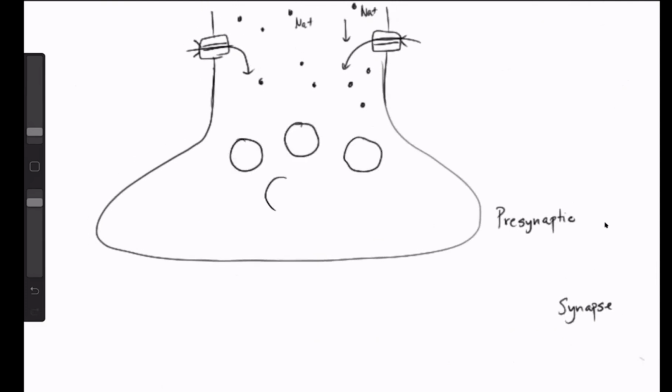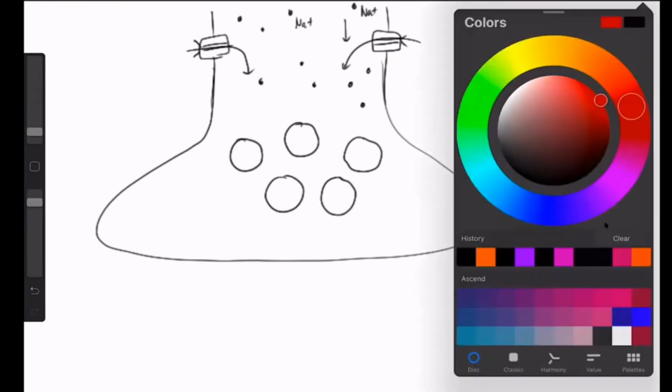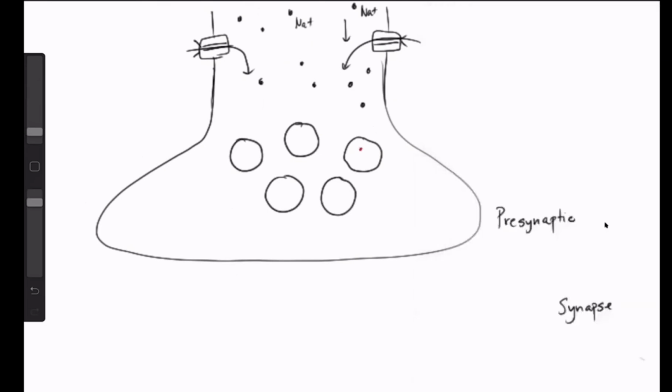We have all of these vesicles that are ready to be launched into that synaptic space. Let's draw these neurotransmitters in pink. Now, if anyone were to ask you how you make neurotransmitters, you put them into the endoplasmic reticulum and then you create these vesicles through the endomembrane system, right, guys? So this is all connected to everything that we've been doing in the cell biology unit as well.